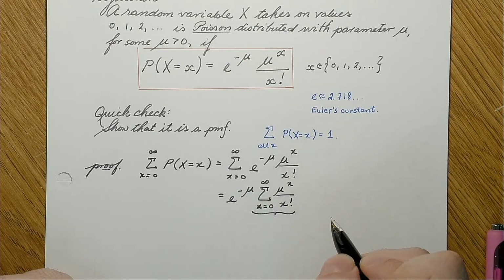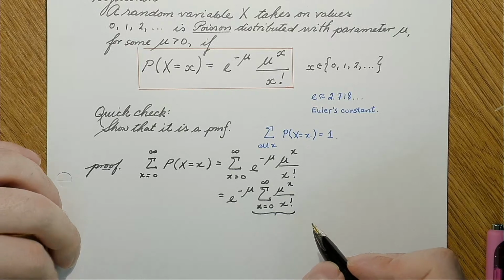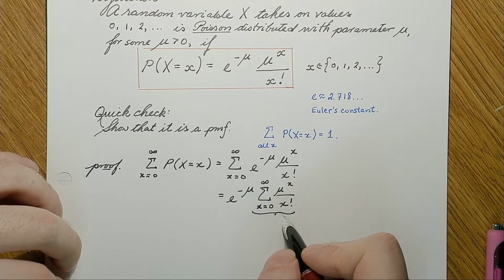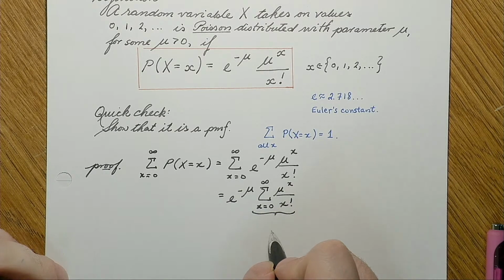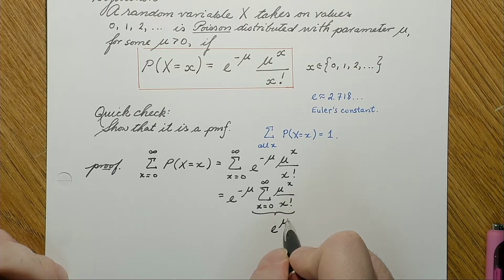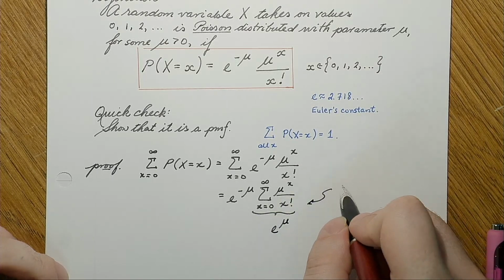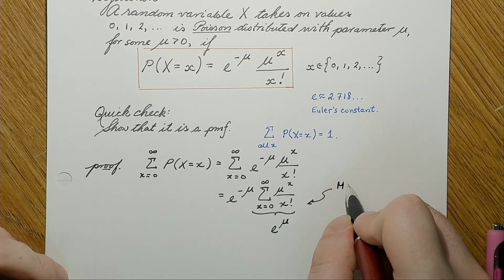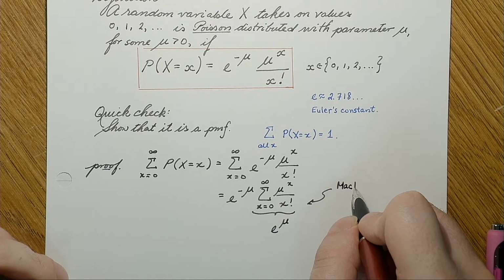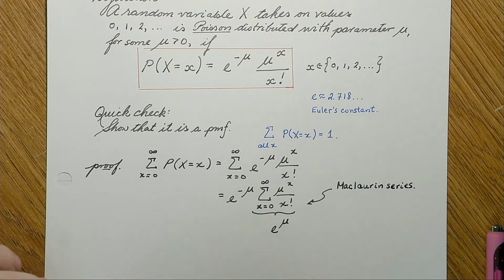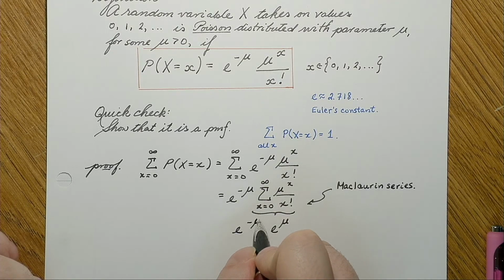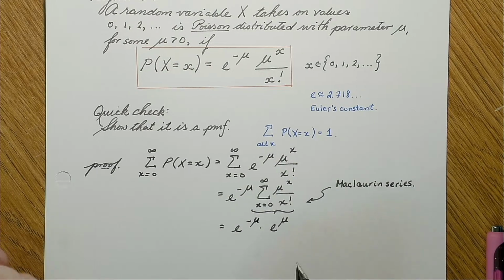Now, this part right here should be somewhat familiar. This is the Maclaurin series for the exponential function, and in this case, it's e to the mu. So I get e to the minus mu still there, and that's being multiplied.